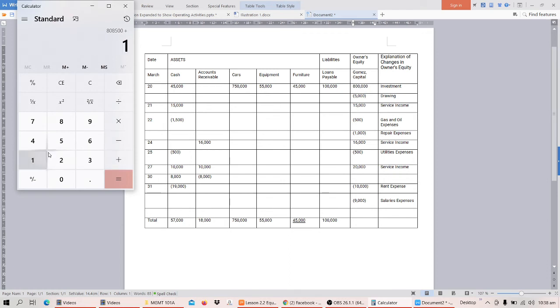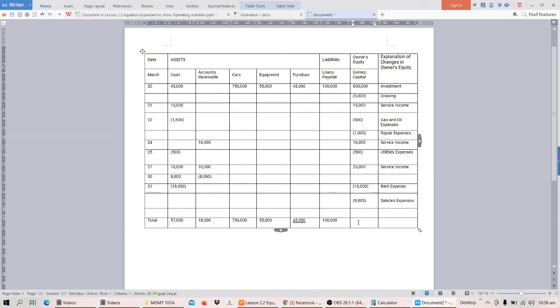Plus the service income, 16,000. Minus the utilities expenses, 500. Plus another service income amount of 20,000. Minus the rent expense, 10,000. And the salaries expense by 9,000. So your total owner's equity will be 825.